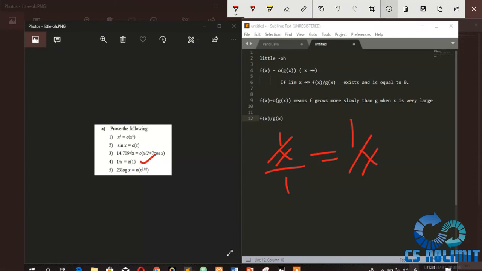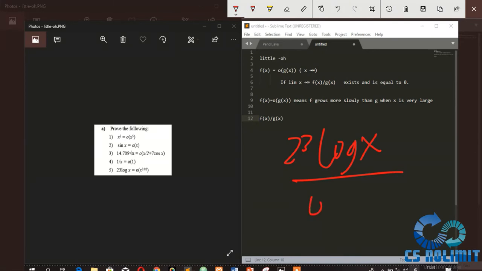And we have 23 log x over x to the 0.02. This one is a bit tricky. Don't overlook it. Okay, let's make things simple, because we have a variety of values for x as x increases toward infinity. Let's choose our nearly infinity value as 1000.